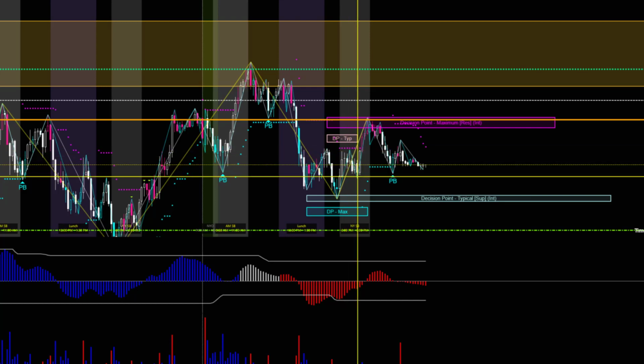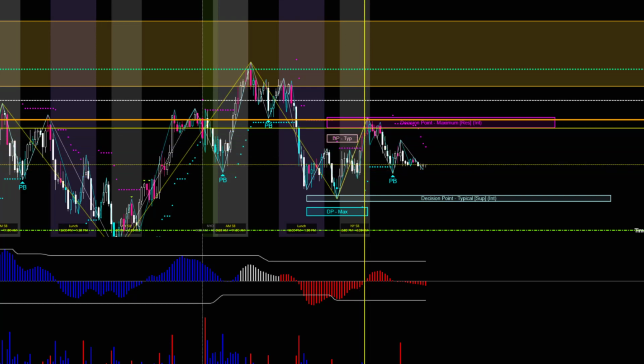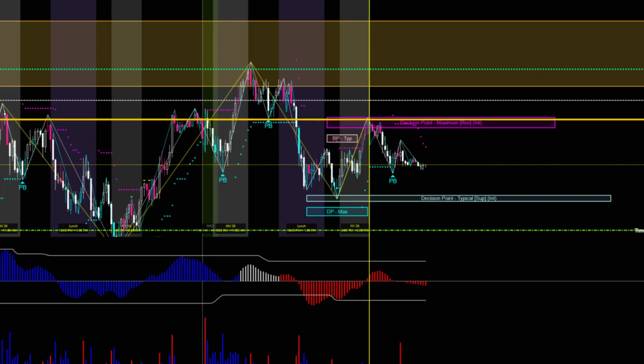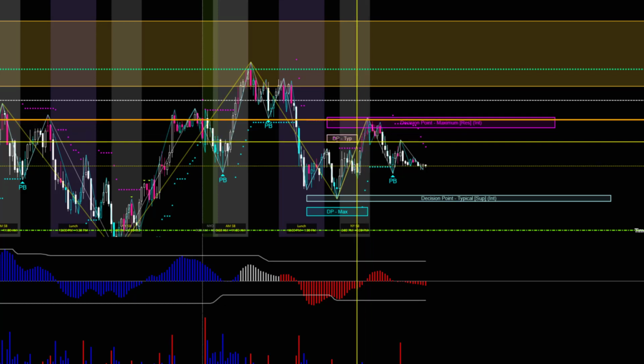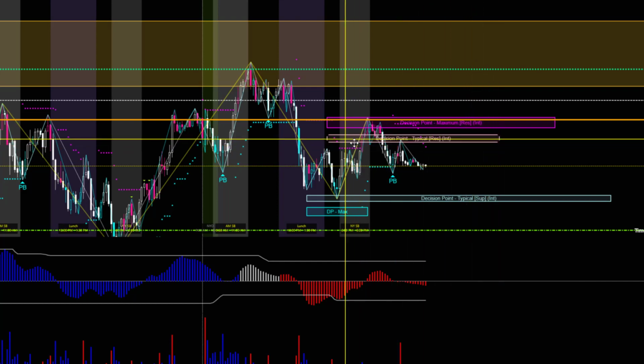Pulled back, and that was where I got long, right here in this pullback. Then I rode it up to this decision point right here, and I got out right there.